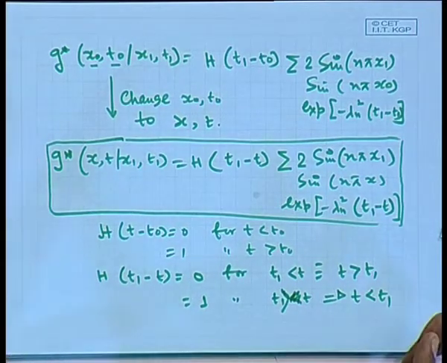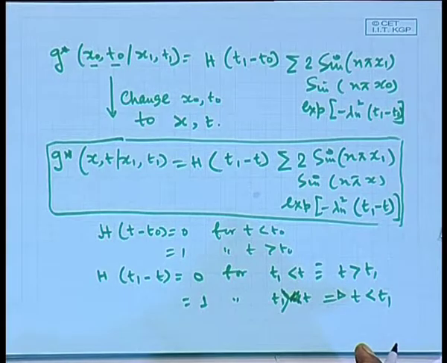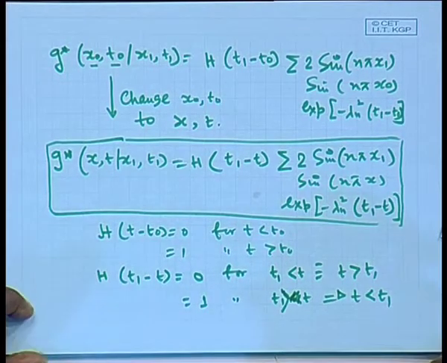So, my adjoint Green's function is defined when t is less than t1 and it is 0 when t is greater than t1.